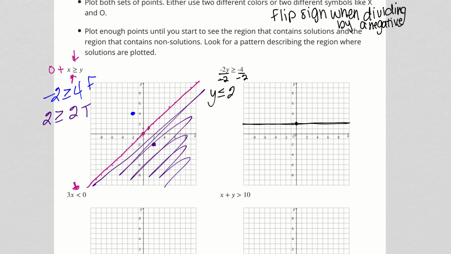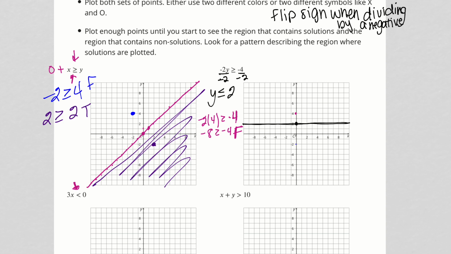So for this one, I can plug in just any value for y. So I'm going to plug in 4. And actually, I'm going to plug it into the original equation. So we have negative 2 times 4 is greater than or equal to negative 4. We will get negative 8 is greater than or equal to negative 4, and that is false.